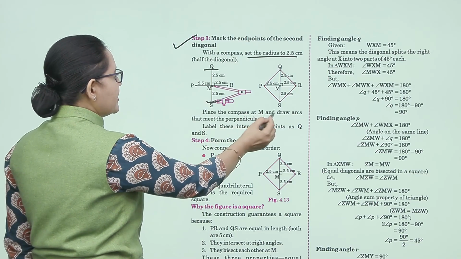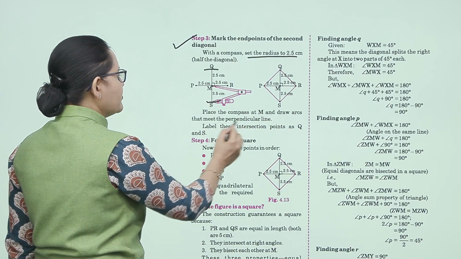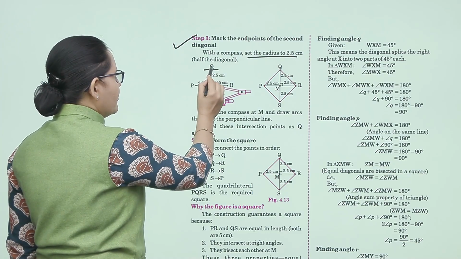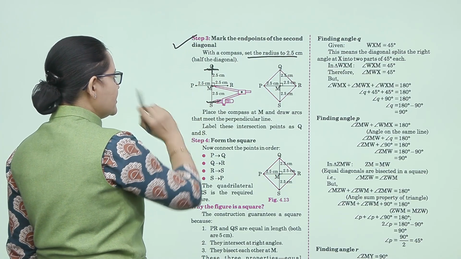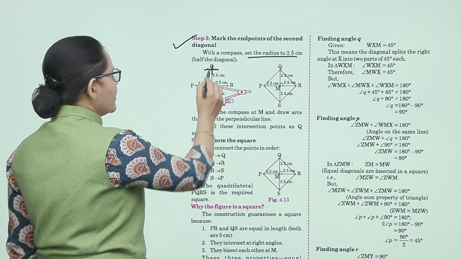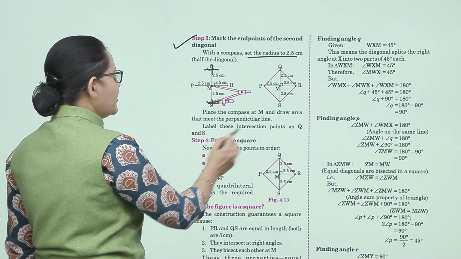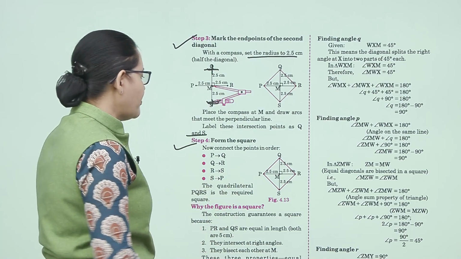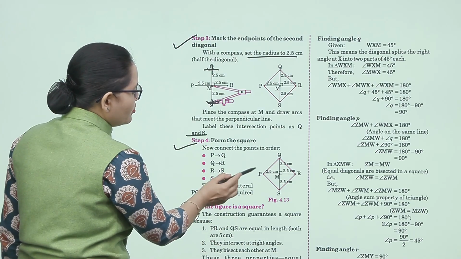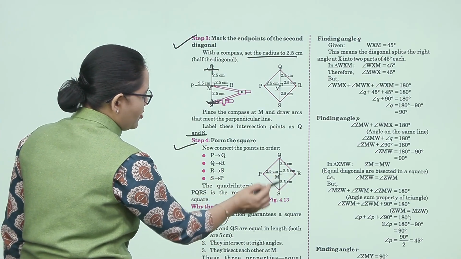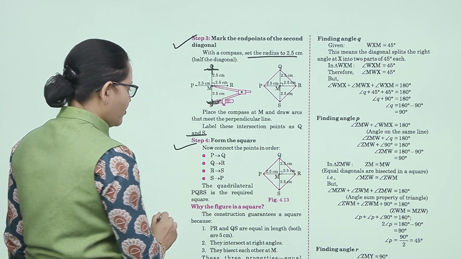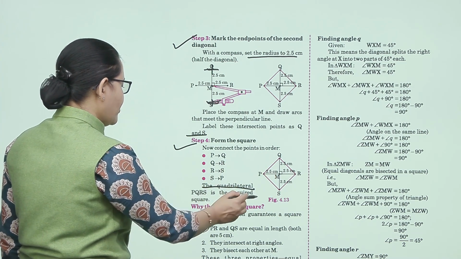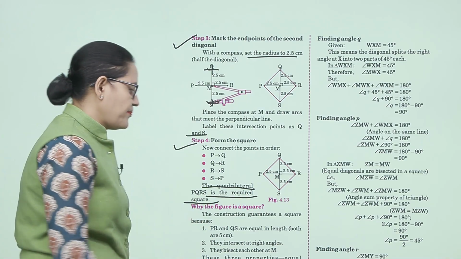Place the compass at M and draw the arc that meets the perpendicular line. Where the line is cut, these points are Q and S. Label these intersections Q and S. Form the square. Now connect the point P to Q, P to S, R to S and R to Q. The quadrilateral PQRS is the required square.